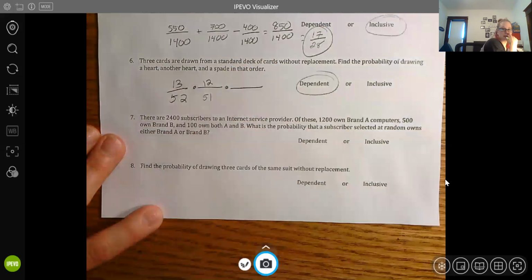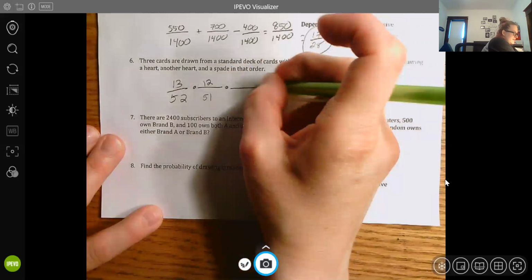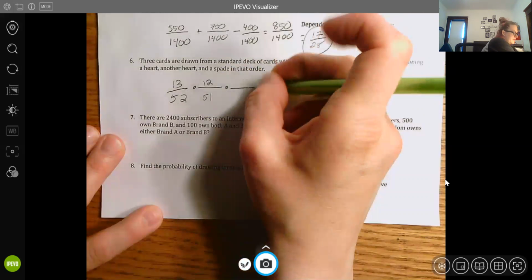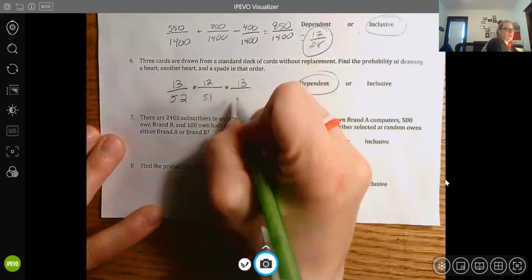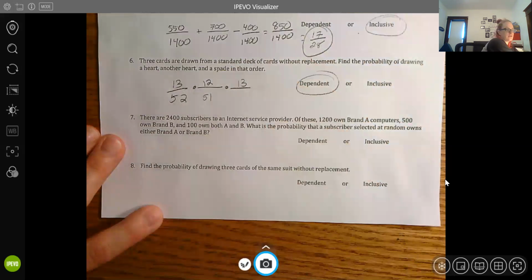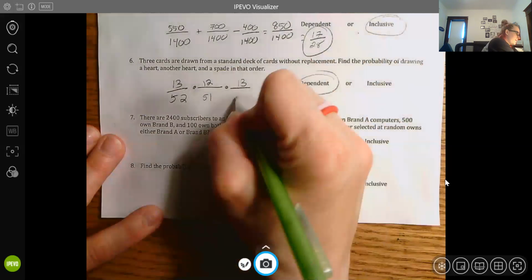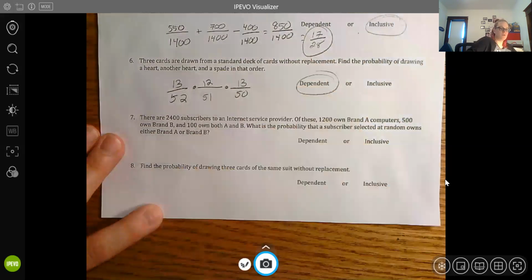Now we're talking about finding a spade. How many hearts I had doesn't affect how many spades I have, so I still have 13 spades to choose from. But now I've taken 2 cards out, so I only have 50 left. So you multiply all the way across the top, multiply all the way across the bottom, or put them in parentheses and multiply them all at the same time.